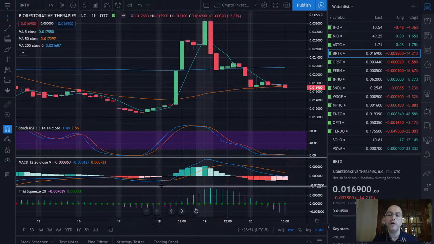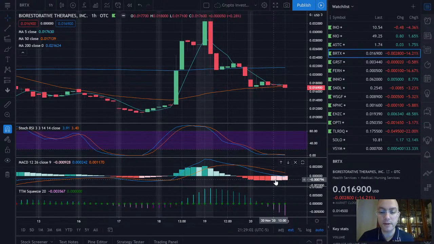So you diverge, the histograms grow in size. You converge, the histograms shrink in size accordingly.